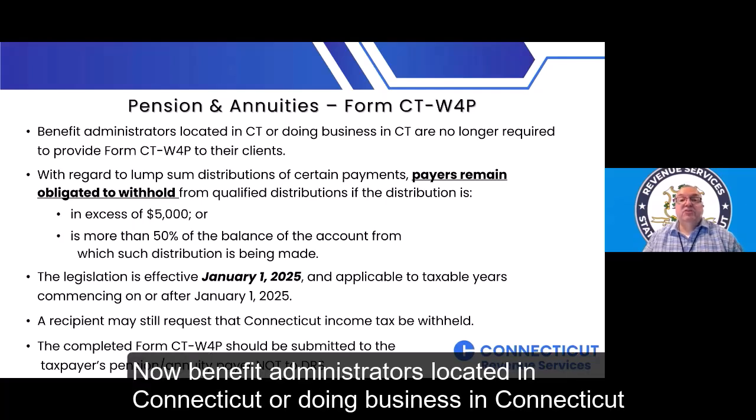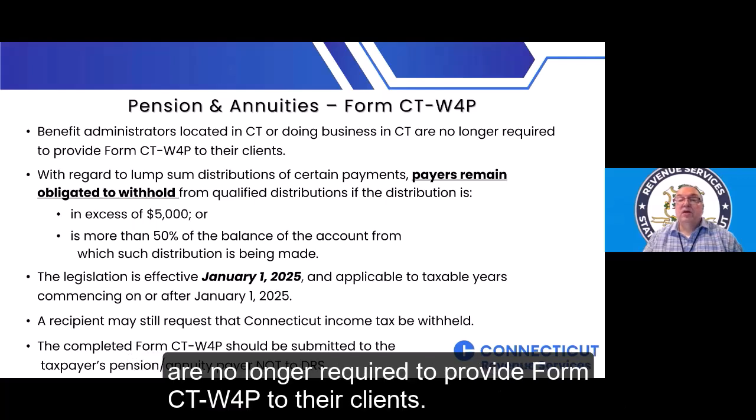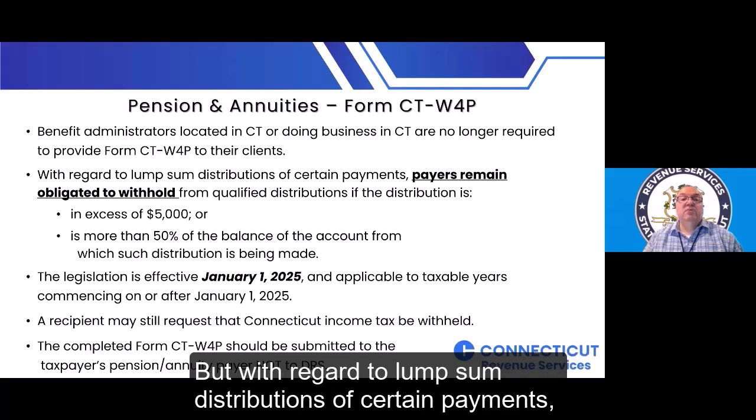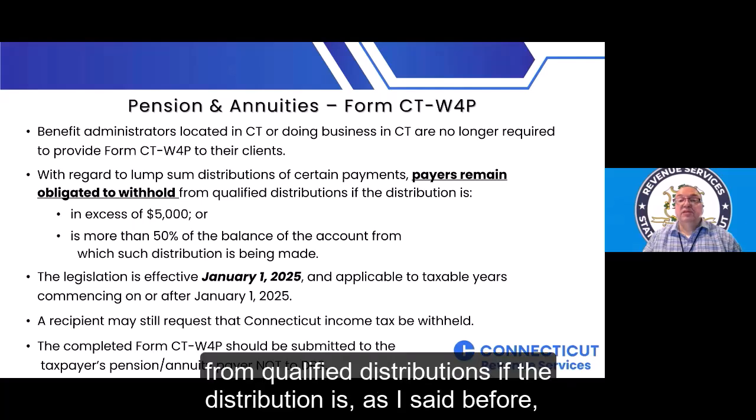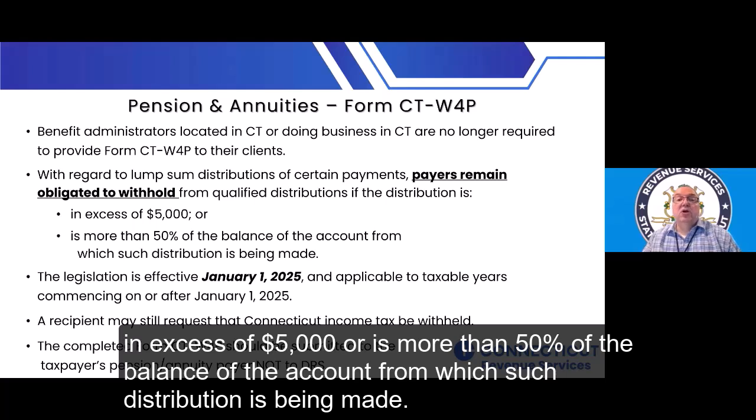Now, benefit administrators located in Connecticut or doing business in Connecticut are no longer required to provide Form CT-W4P to their clients. But with regard to lump sum distributions of certain payments, payers remain obligated to withhold from qualified distributions if the distribution is, as I said before, in excess of $5,000 or is more than 50% of the balance of the account from which such distribution is being made.